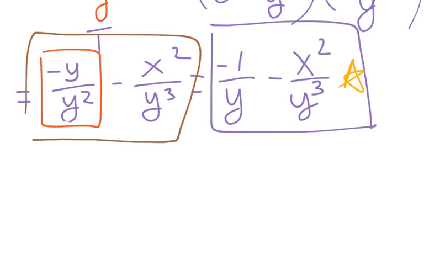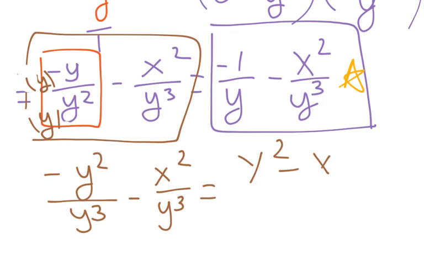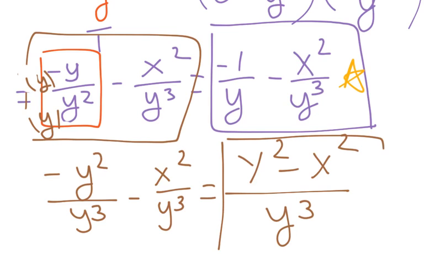Okay? So this is y cubed, this is y to the second power, so multiply by y, multiply by y values, right? So negative y squared over y to the third minus x squared over y to the third, which is negative y squared minus x squared over y to the third power.